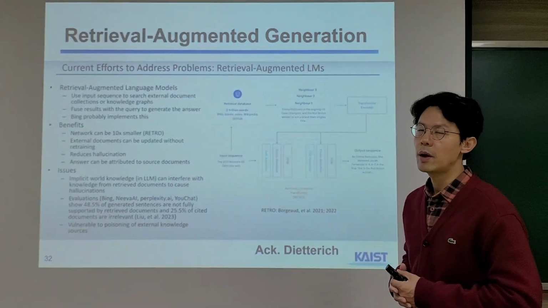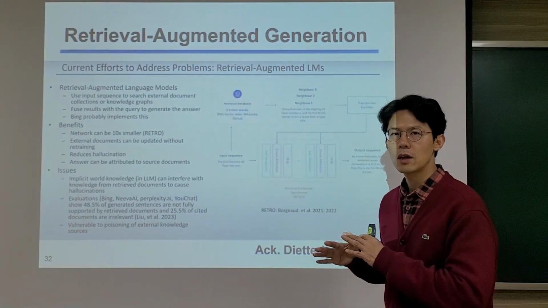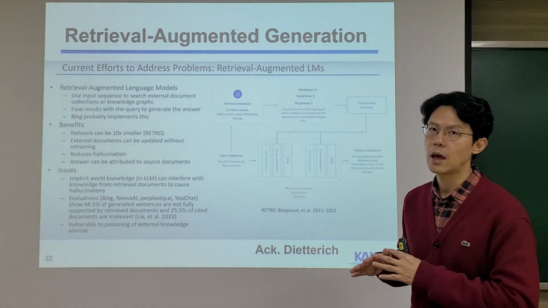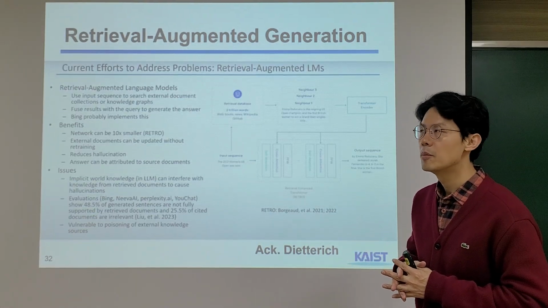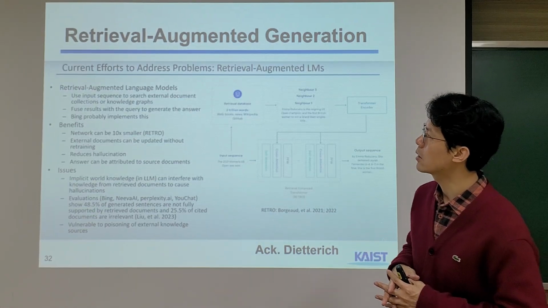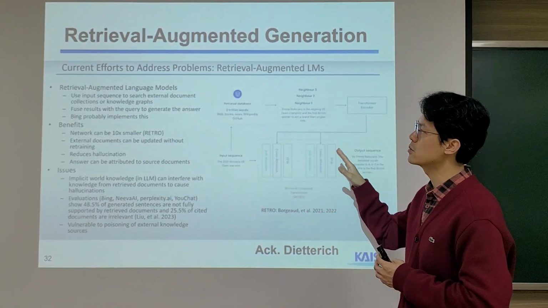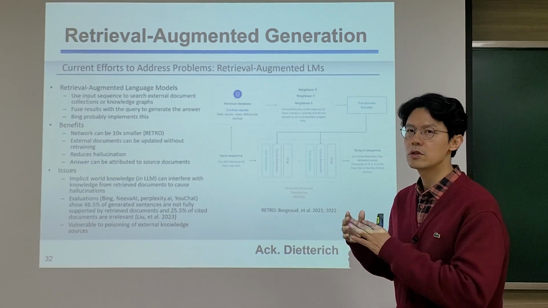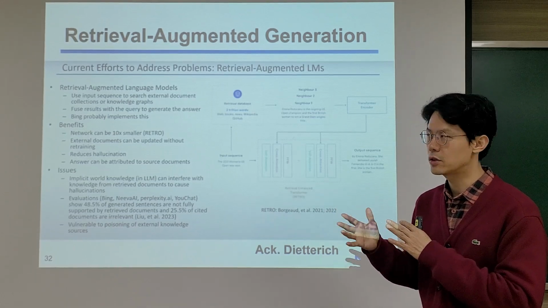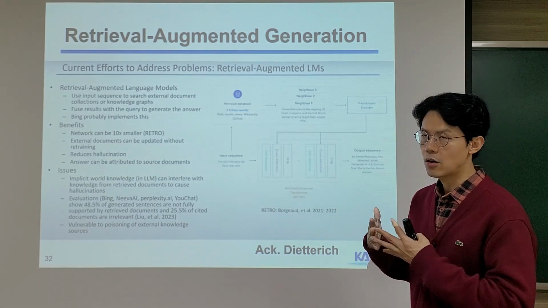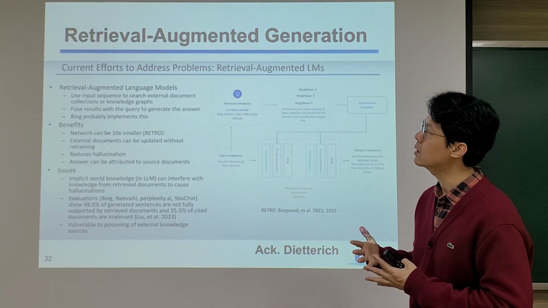Also, I briefly talk about this issue. Recently there are many generation techniques, generative AI, but they have some problems with large-scale language models. Sometimes the results of the language model contain incorrect information. We call it hallucination.